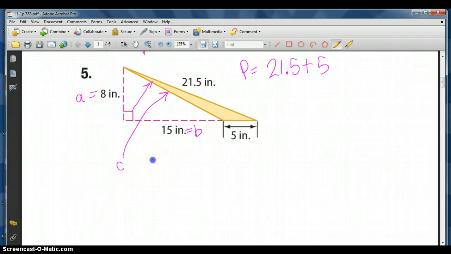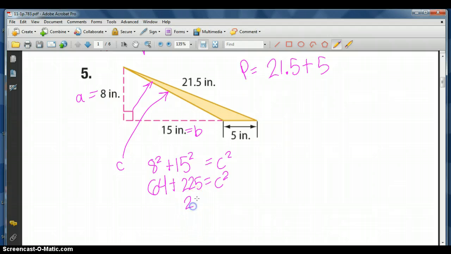So we would take 8 squared plus 15 squared is equal to C squared. So we would have 64 and 225, which adds up to 289, and the square root of 289 is 17.